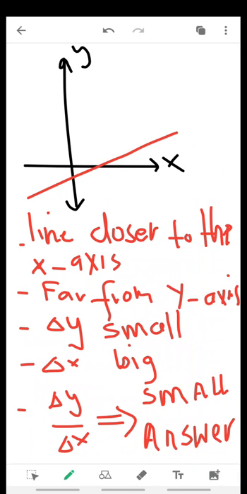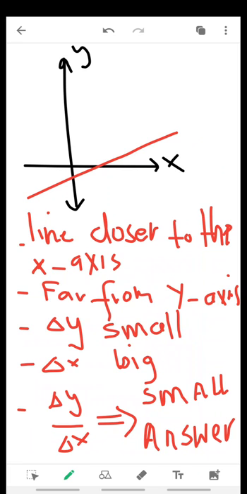However, when this red line is far away from the y-axis, what does it mean? It means it is increasing faster along the x-axis than along the y-axis. That means change in y will be small and change in x will be big.